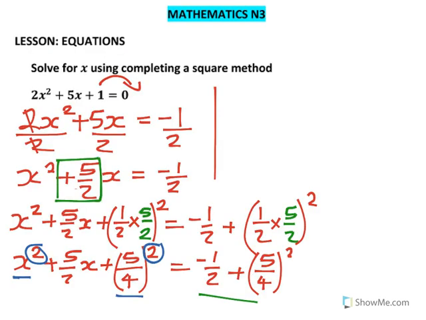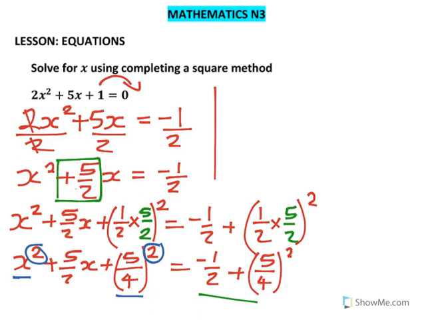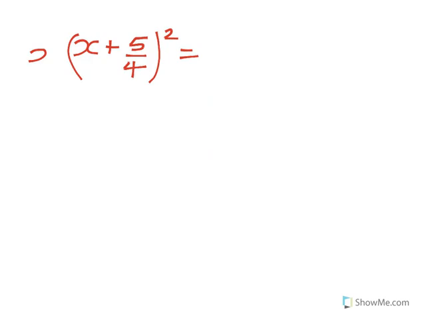So now it will become x plus 5 over 4 squared is equal to, using a calculator to find the final answer on the right hand side, 17 over 16.